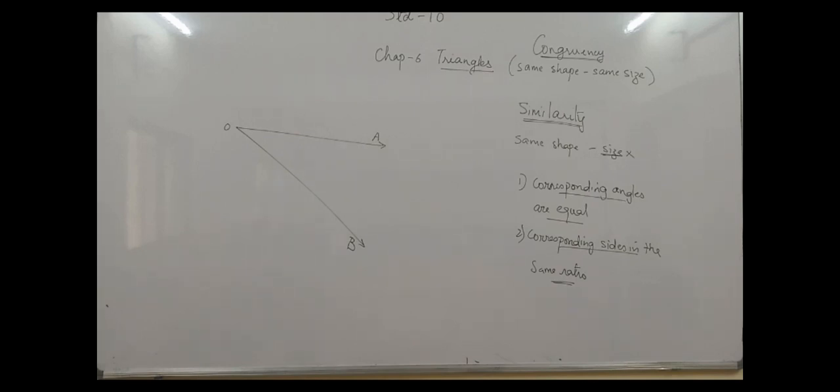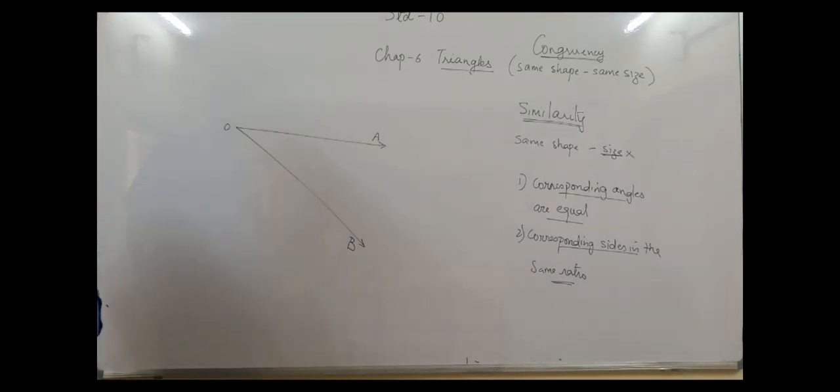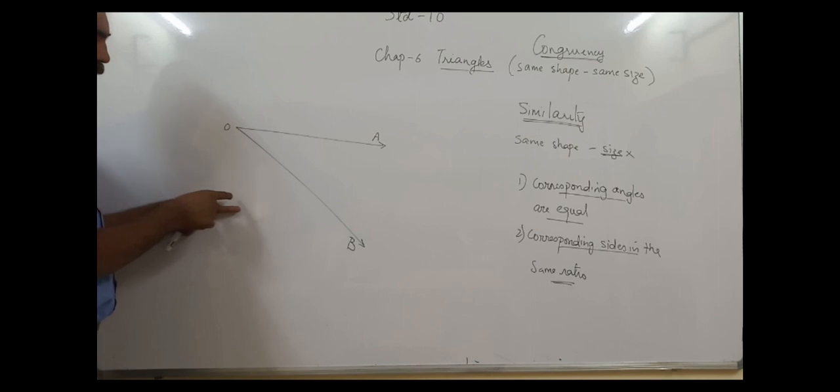Now you will need your compass also, because we have to draw certain arcs. Take your compass and put your pencil in the compass to draw arcs. On the scale, measure the compass, say by 1 centimeter or 2 centimeter, whatever you want.